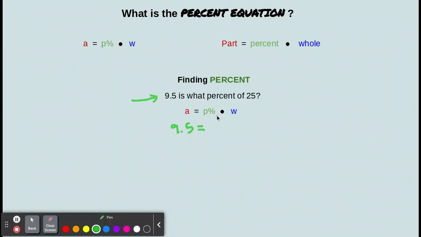We're trying to find the percent. What percent? And they gave us the whole, 25. Okay, so for this one, this is our percent equation, and we're trying to find the percent. So we just divide both sides by 25.